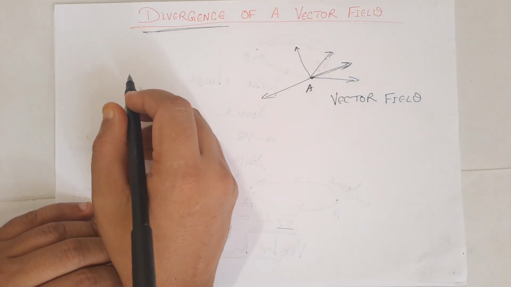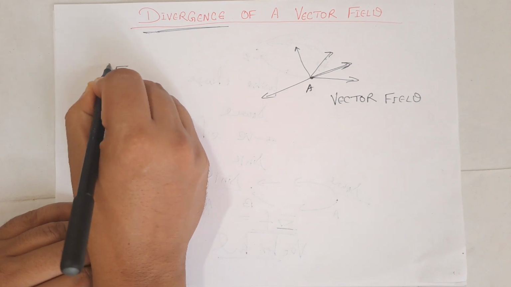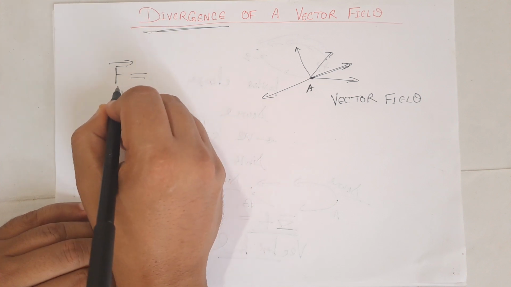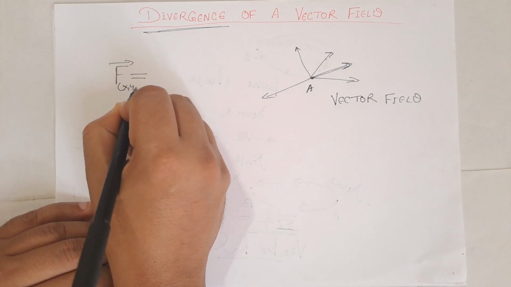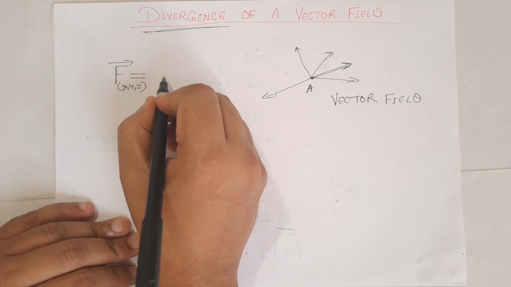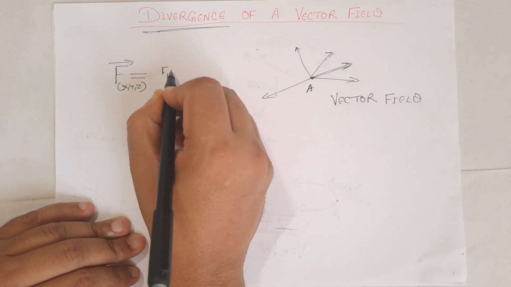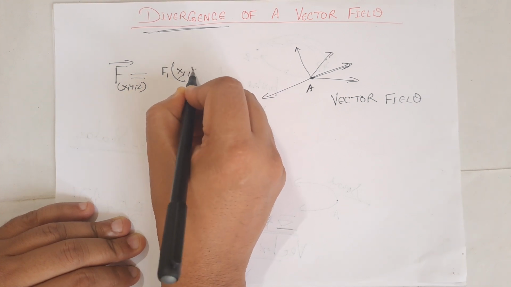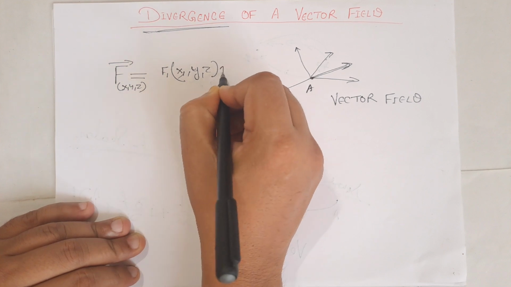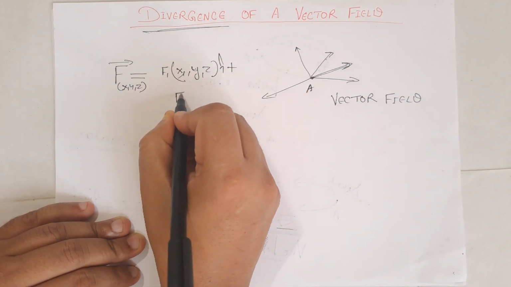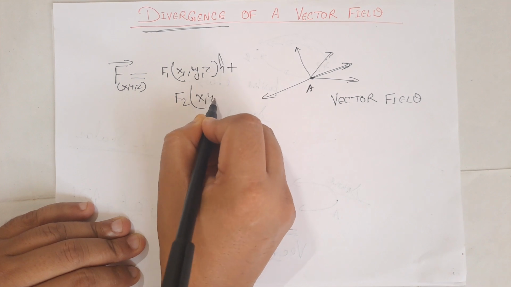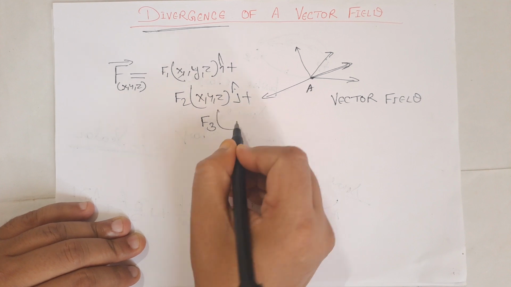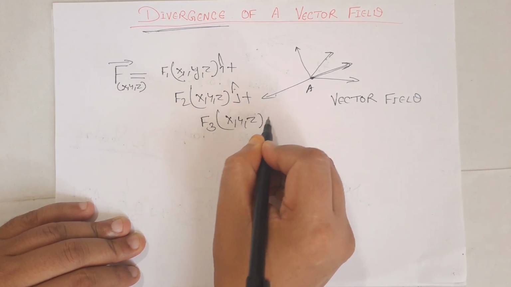If F is the vector field which is a function of x, y and z, then its components will be f1(x, y, z) i plus f2(x, y, z) j plus f3(x, y, z) k.